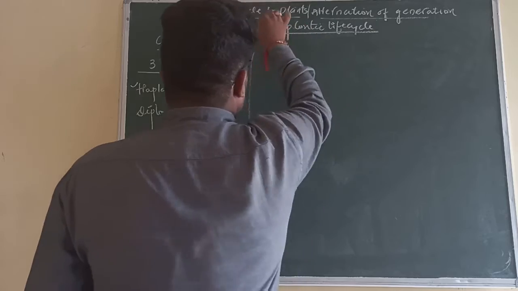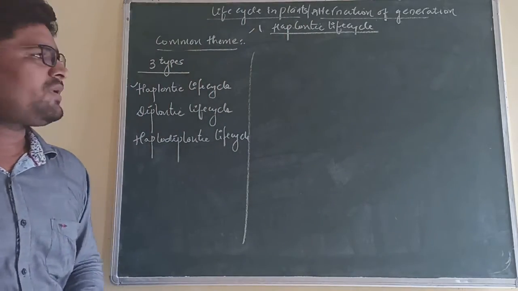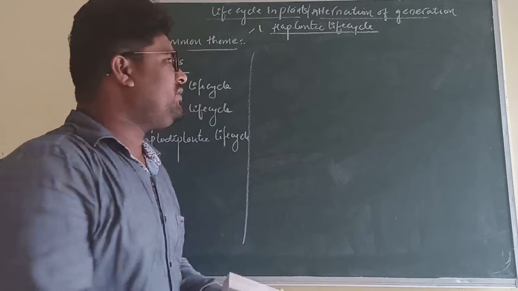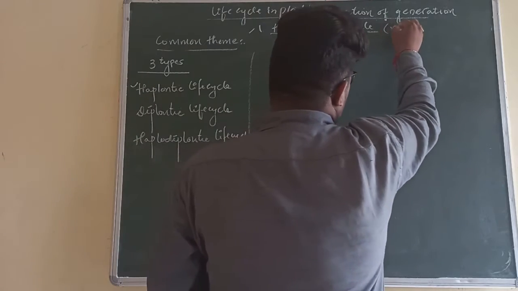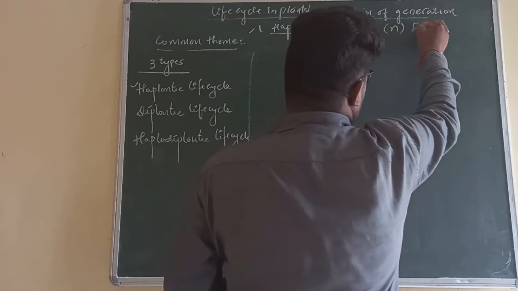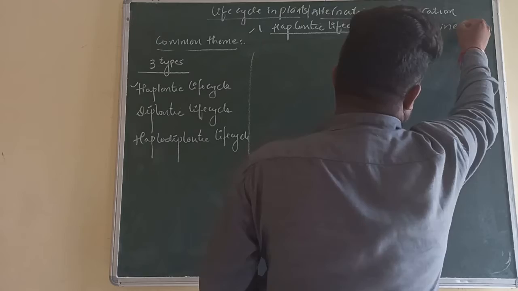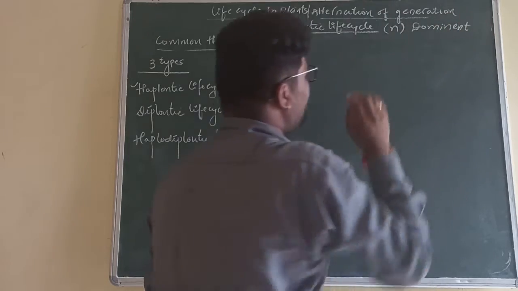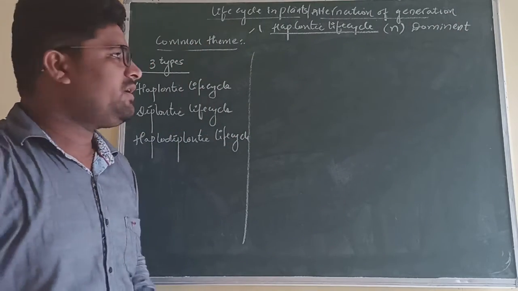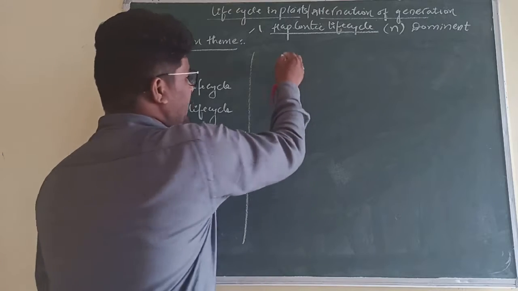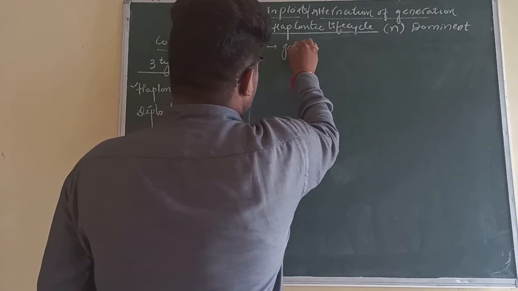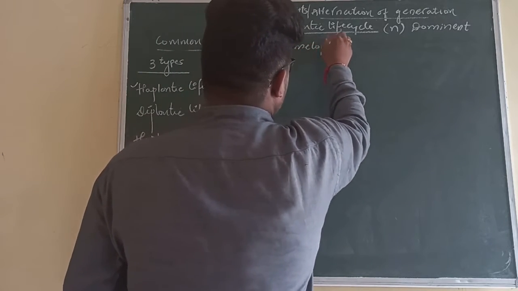What does haplontic life cycle mean? Haplontic life cycle means the haploid phase will be dominant. The haploid stage will be dominant. Which one is the haploid stage? Here we can say gametophytic generation.